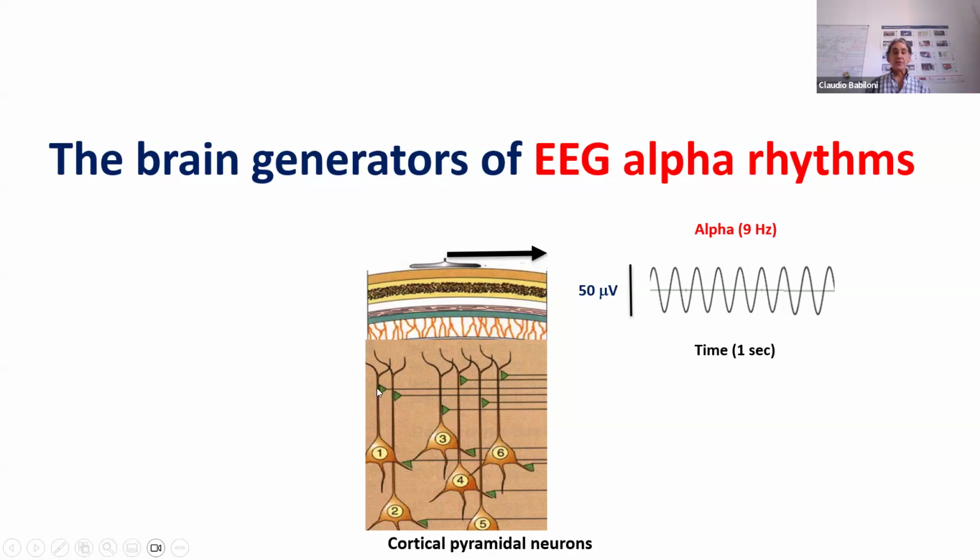You see in this picture that the dendrites of these 6 pyramidal neurons are nicely ordered in the space.